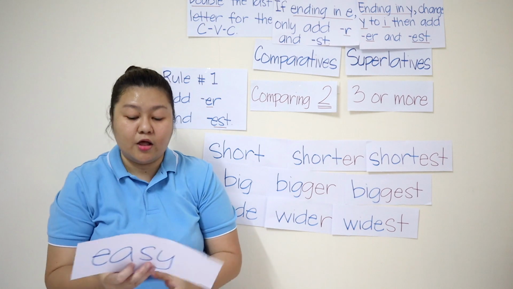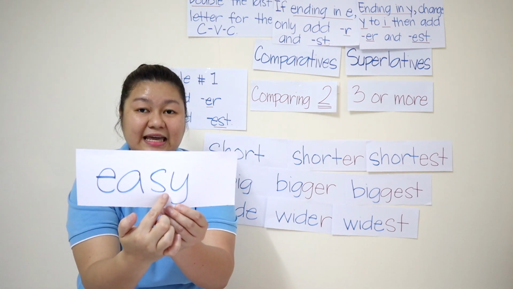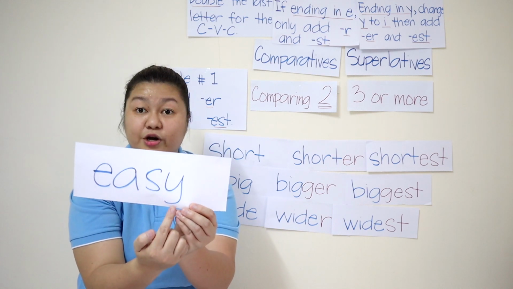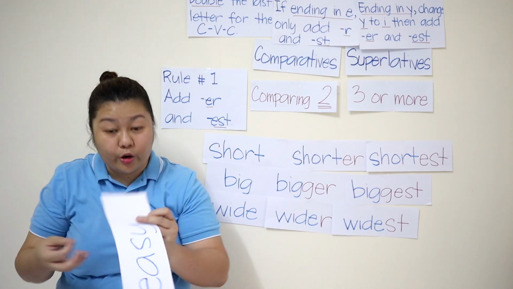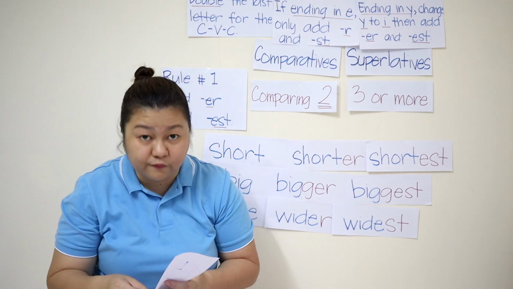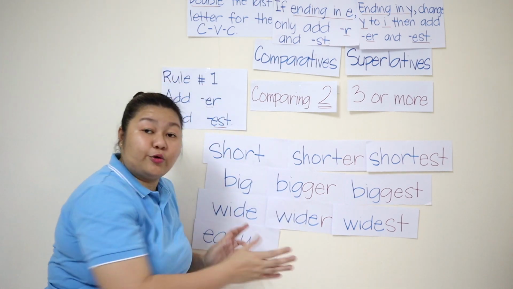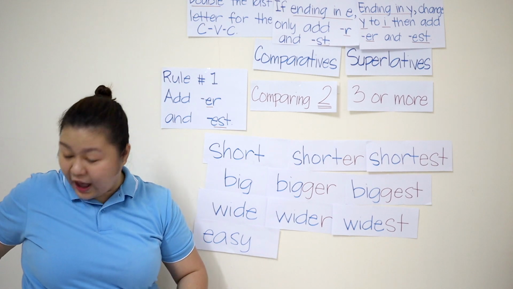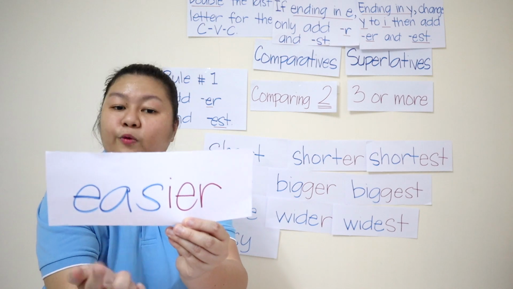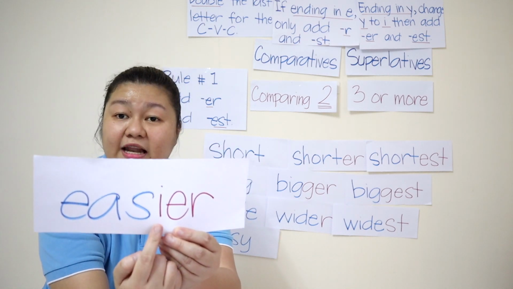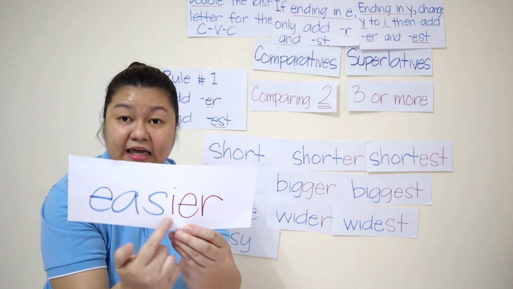For example, the word easy. If you look at the word easy, the last letter is letter Y. So for the comparative form, we have to remove Y, but by removing the letter Y, we have to add I. So, easy, we remove letter Y, we change it with letter I, then we will add ER, easier.